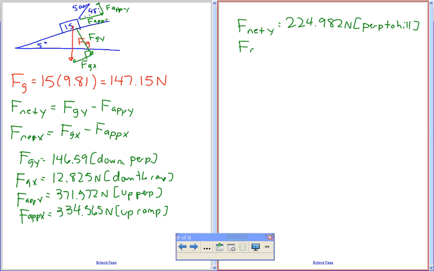F net X equals 321.74 newtons up the hill. Then I did, to get my F net, I got the square root of 224.